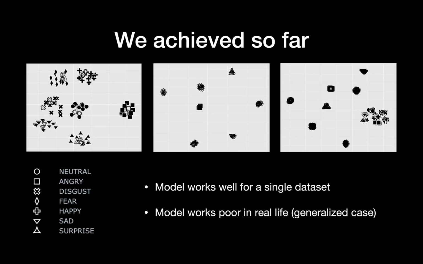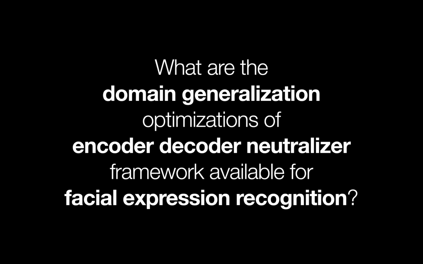And in our research, we want to add this generalization for our model. Our research question sounds like, what are the domain generalization optimizations of the encoder decoder neutralizer framework available for facial expression recognition? Let me explain. There is a topic, facial expression recognition. There is a task.